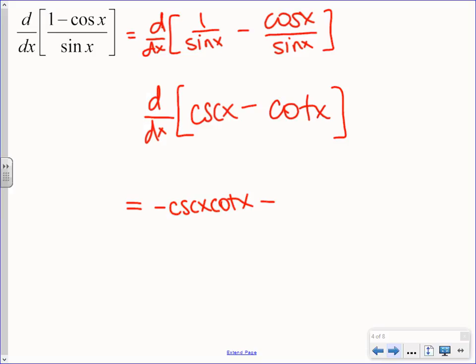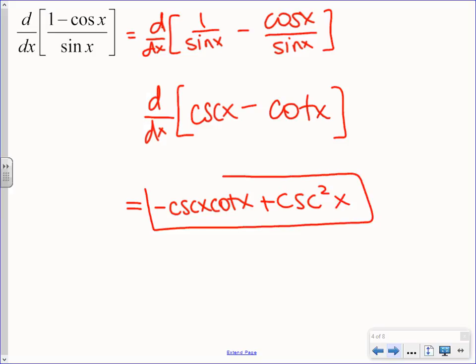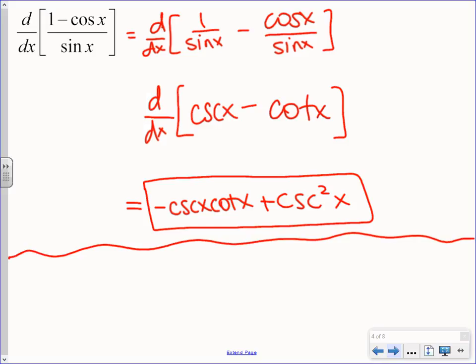Negative cosecant squared. Okay. Now, if we would have taken the quotient rule, let's go ahead and just for practice, let's do the quotient rule.